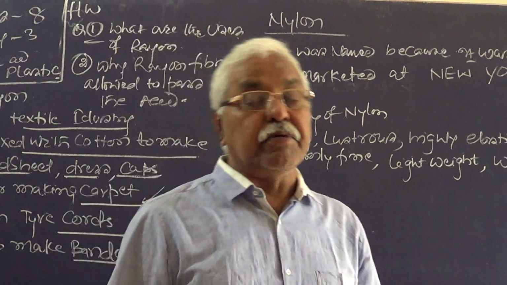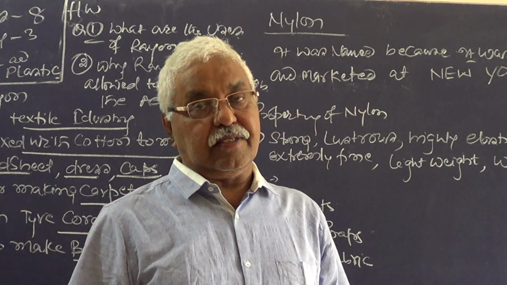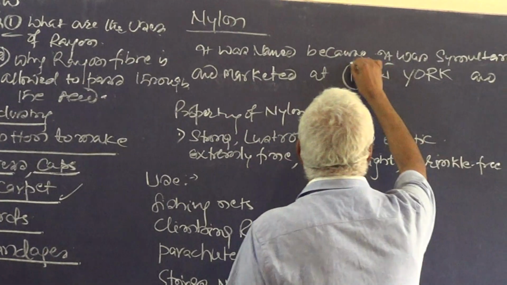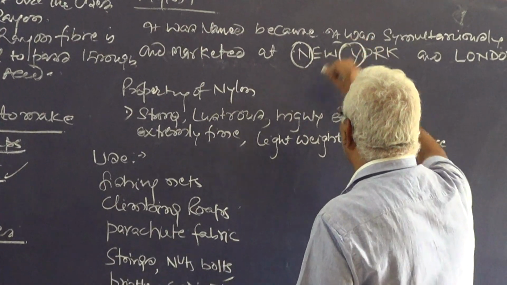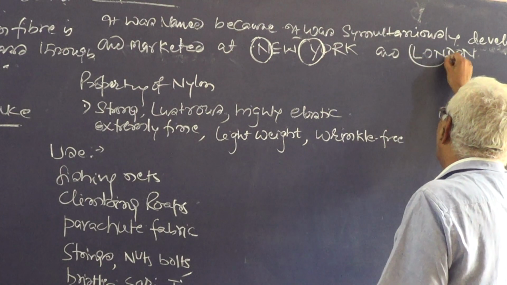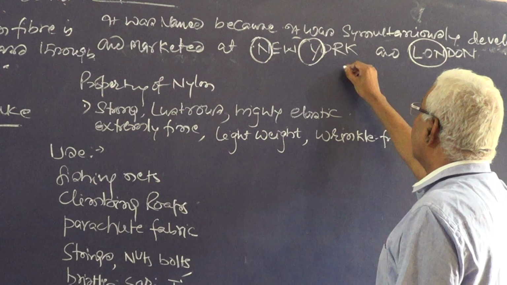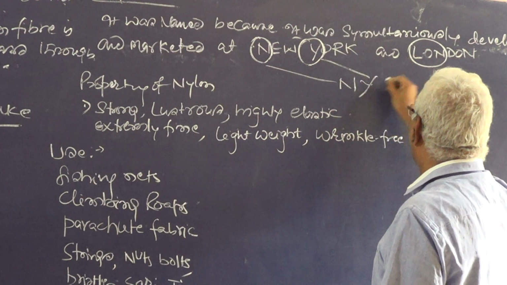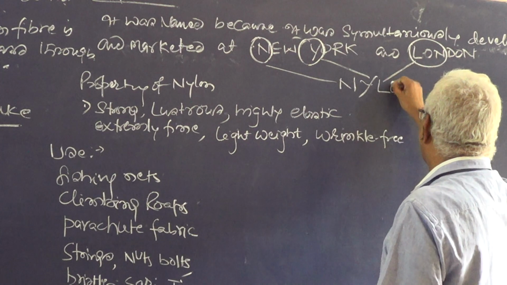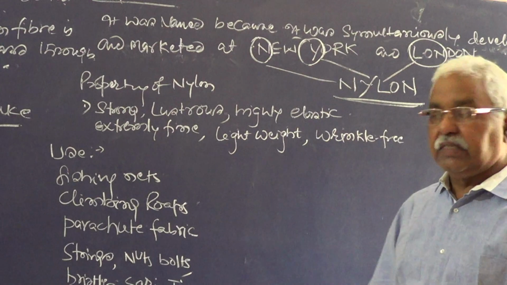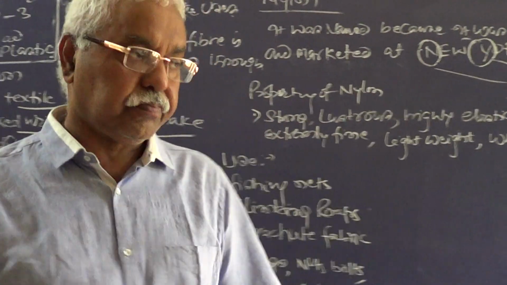The name nylon is derived from these cities: N-Y, two letters taken from New York, and L-O-N from London. So it becomes nylon. The term has come like this.